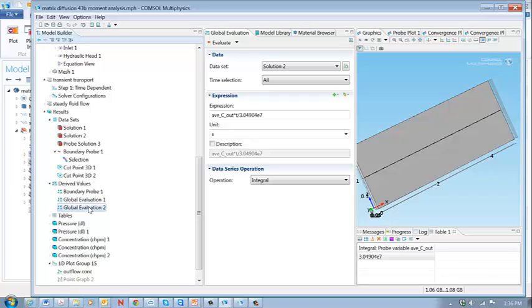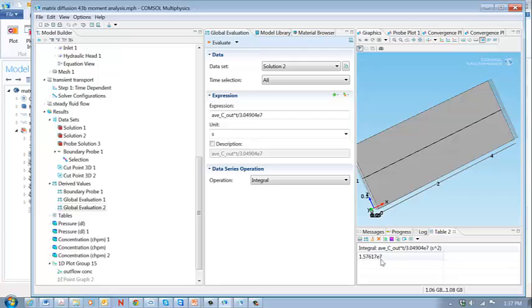This is the integral for the first moment, and I substitute in that integral value that I just evaluated. I set this up also as a global evaluation for solution 2, the transient transport analysis, and I have that set as integral. So I'm going to evaluate this, and there's the result.